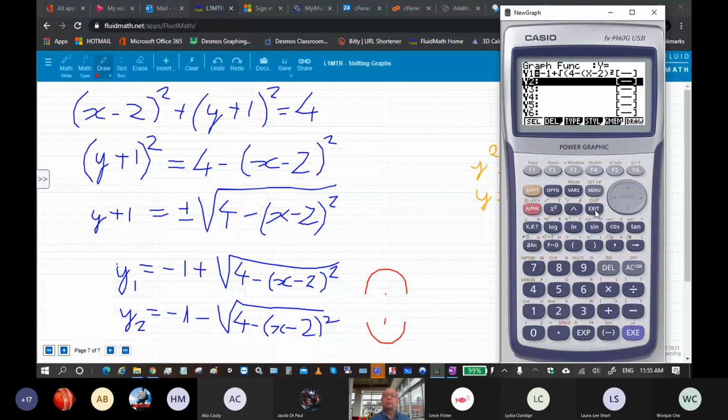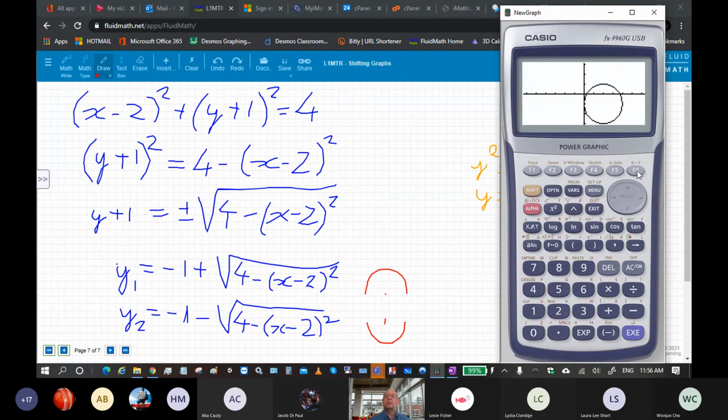Now let's draw the lower part of the circle, which is going to be negative 1 minus square root of, don't forget to open brackets, 4 minus brackets x minus 2, close brackets to the power of 2, and close the brackets for the square root, execute, and now let's draw. Bang, we've got the whole circle.